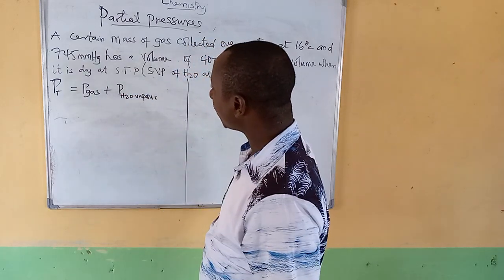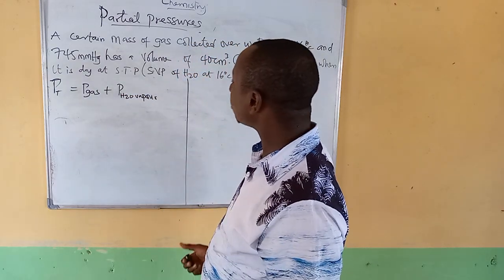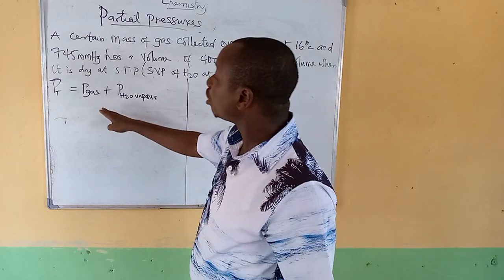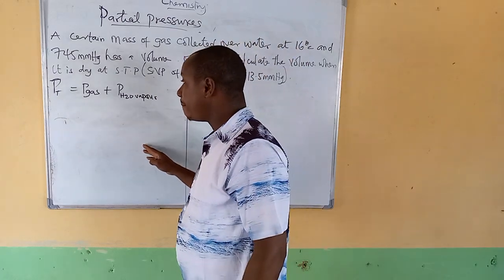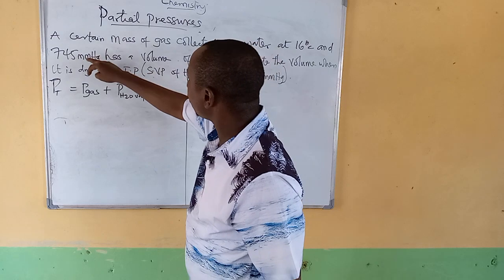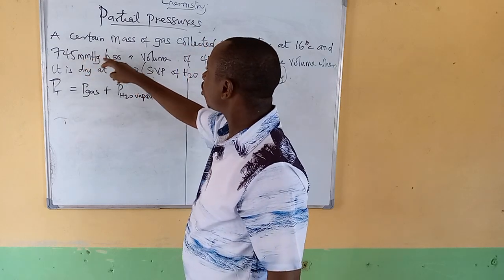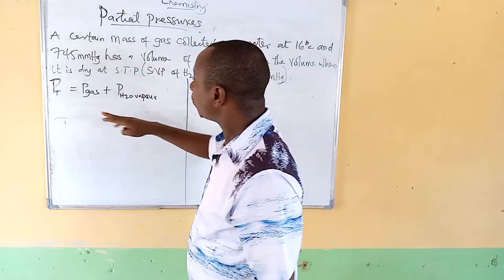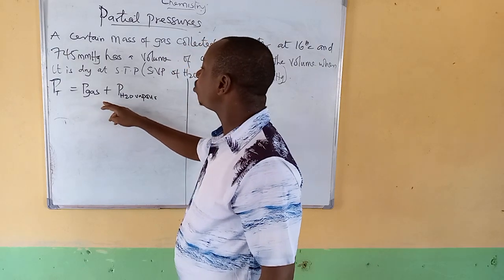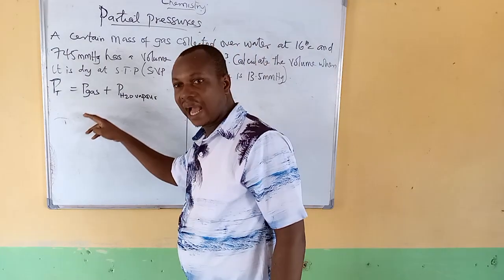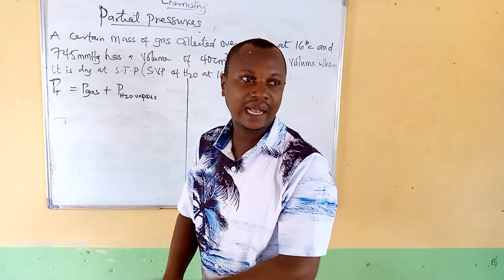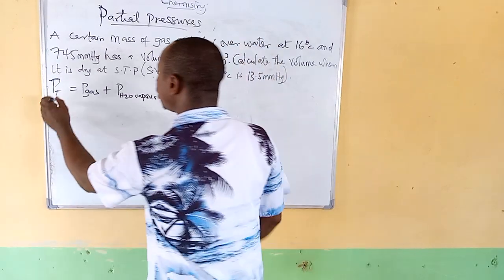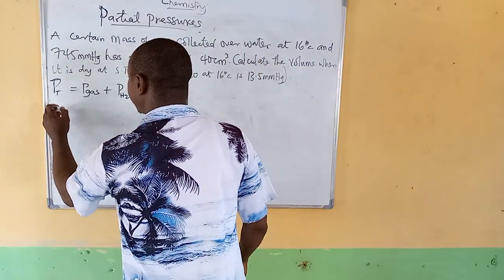This is the formula you use to get the actual pressure of the dry gas. Remember that this pressure here is the pressure of that gas collected over water. So from this formula now, we will be able to get the P gas, which we will use for our calculation.